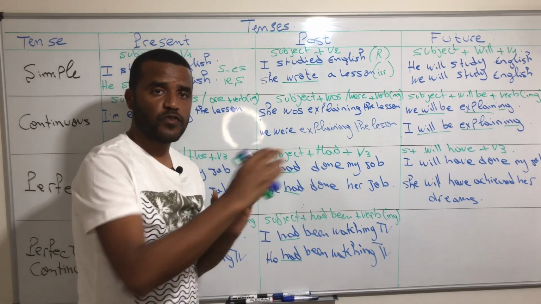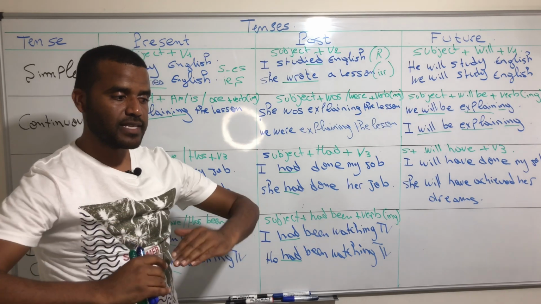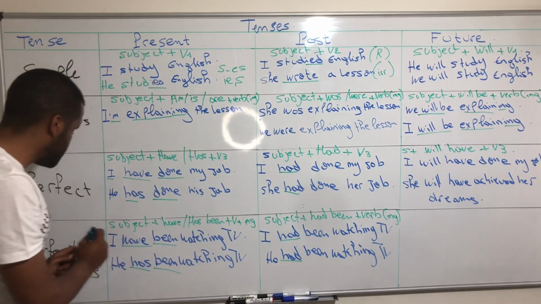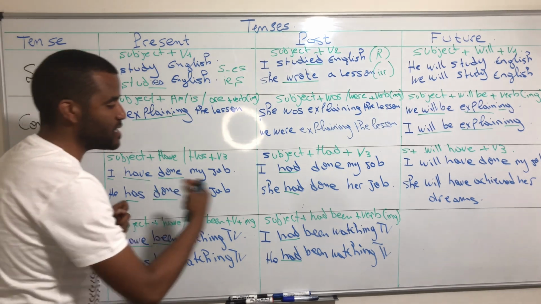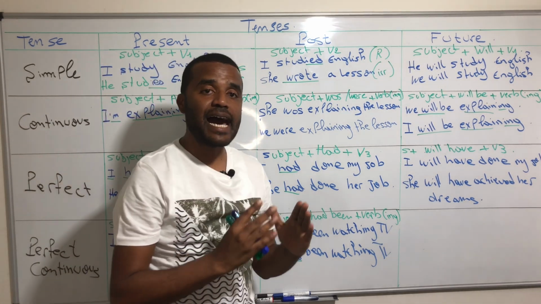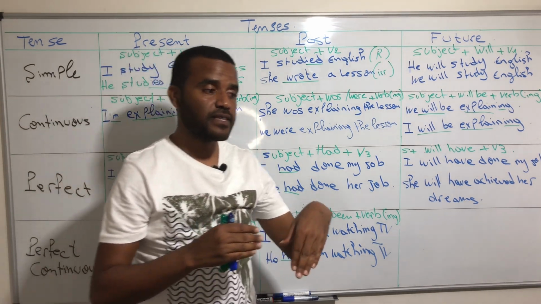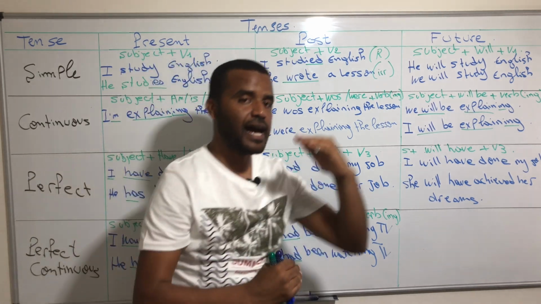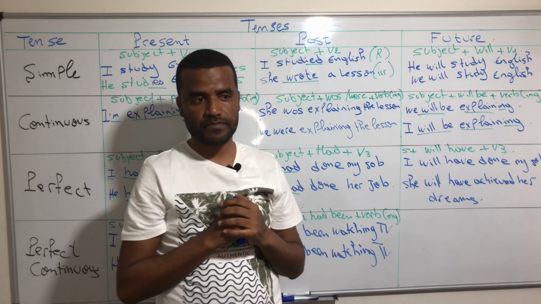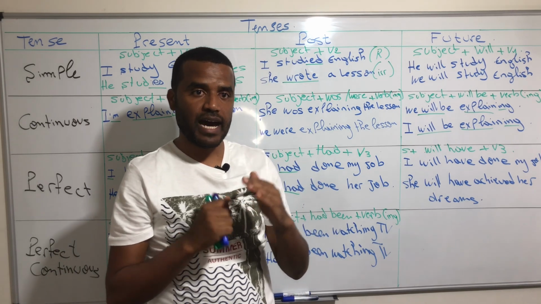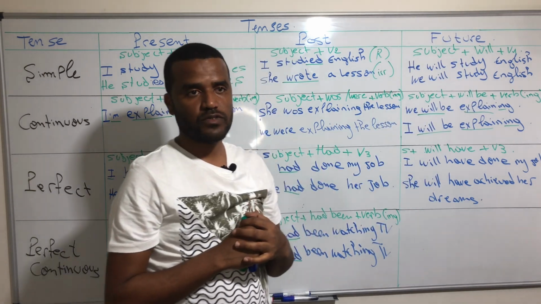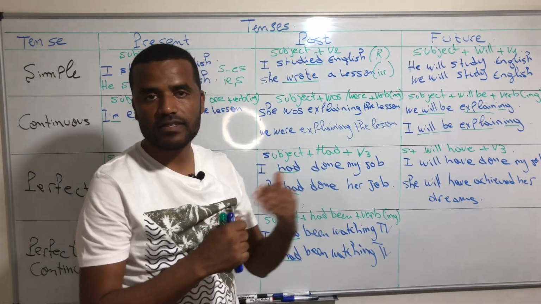So as not to be confused between present perfect continuous and the past perfect continuous, we can say I had been living in Rabat for 2 years before I moved to another city or something like that.